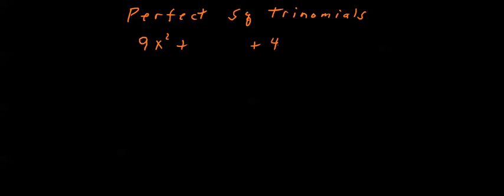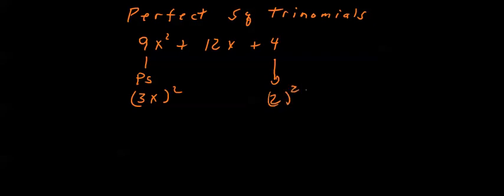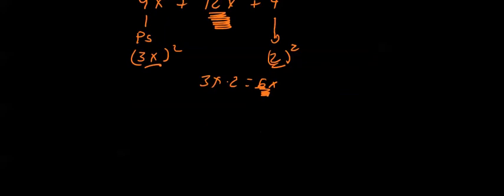This is a perfect square, 3x times 3x. This is a perfect square, 2 squared. And 3x, this number, times this number, is 6x. If this is double this, it's a perfect square trinomial.